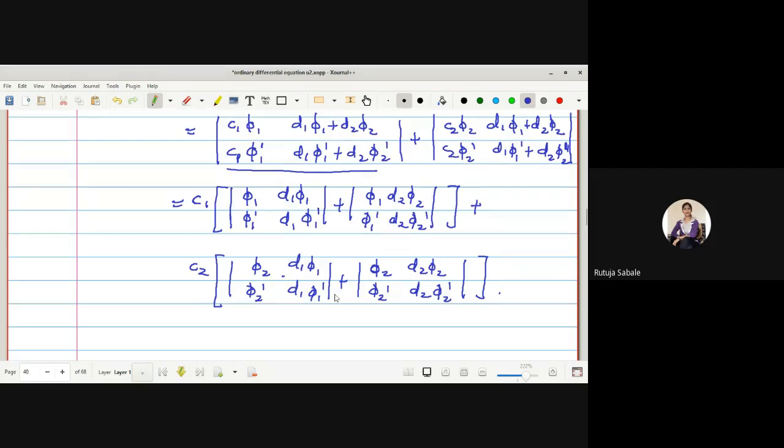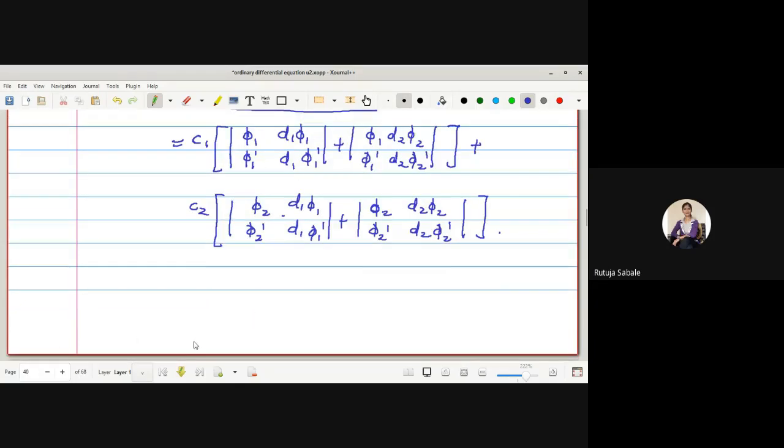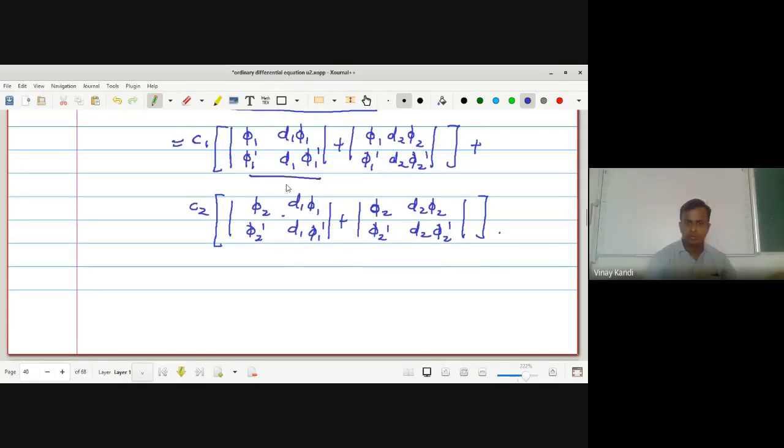Value 0 taken. C2 value. Look at it. What is the value of this determinant? Solve it.